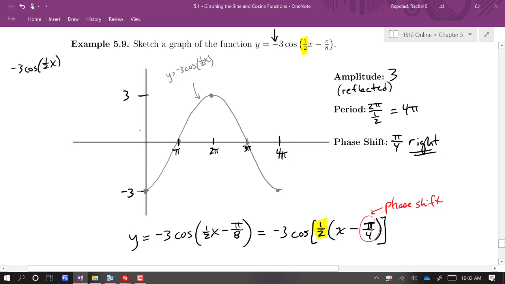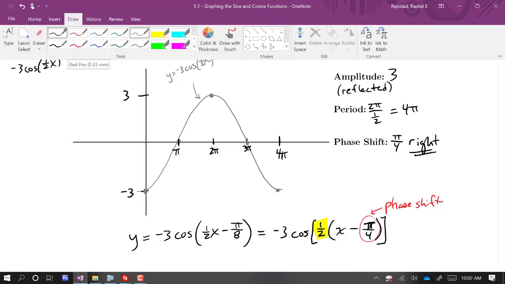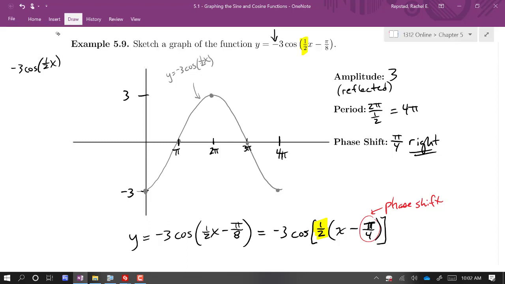Now these 5 anchor points, I'm going to just move each of them to the right by pi over 4 units. But first I have to figure out how big pi over 4 units is. So my first step is from 0 to pi here. Half of that is pi over 2, half of that is pi over 4. So that's just a small shift.